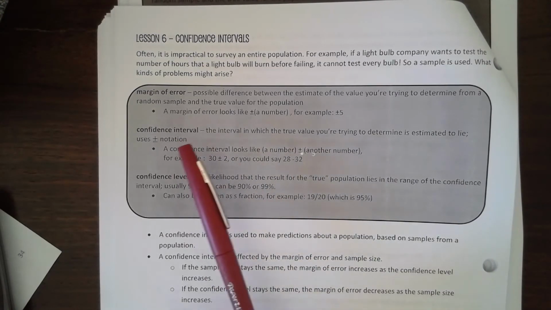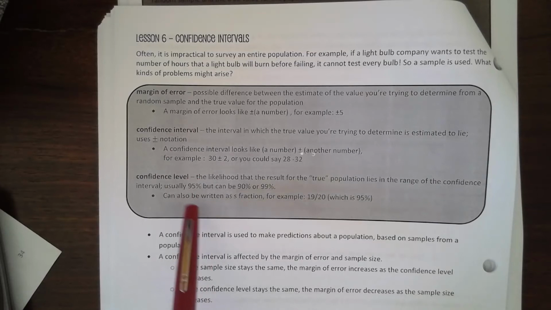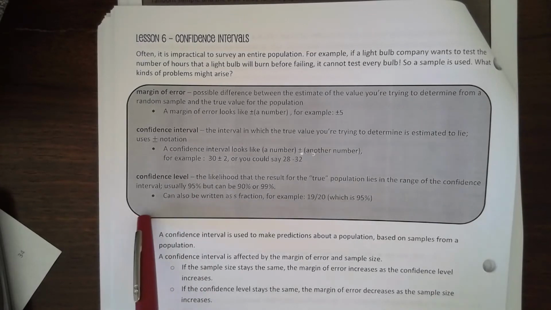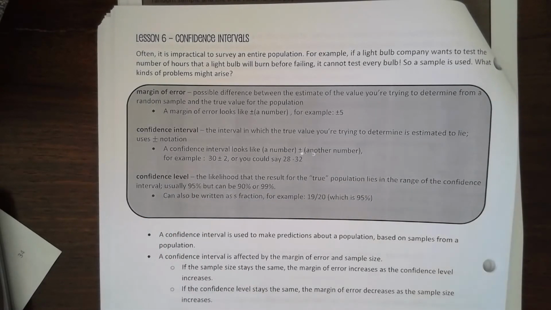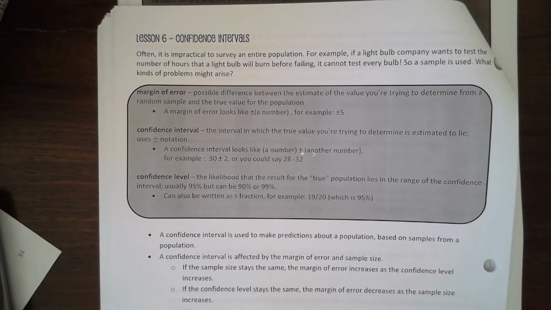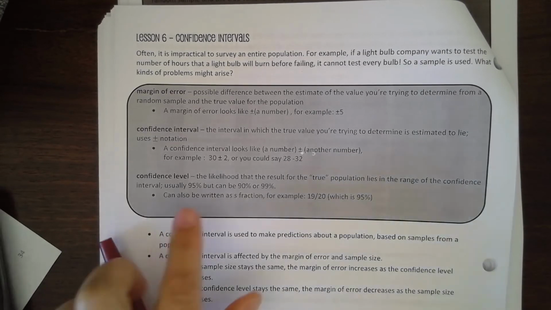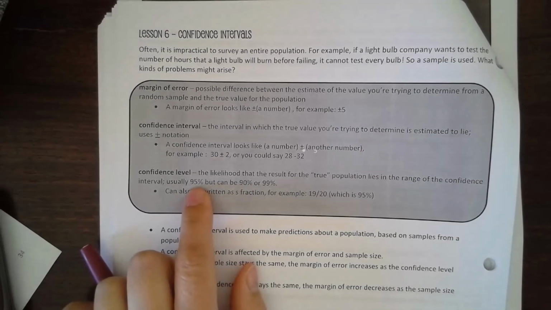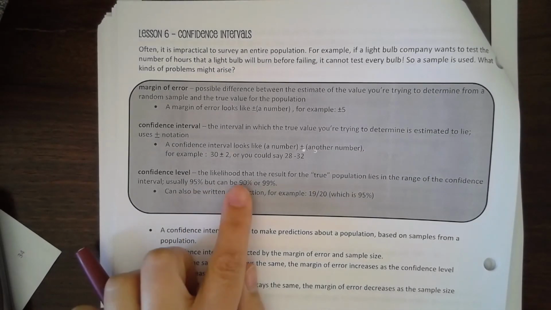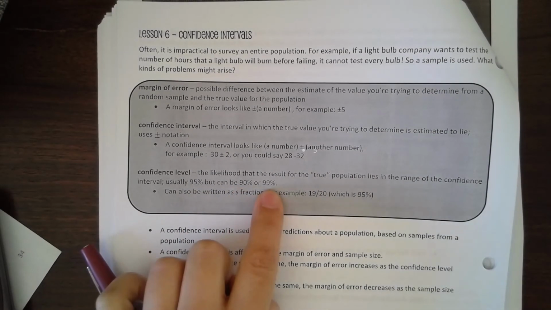The last thing we need to think about is our confidence level. This is how confident we are that this range represents the true number, what the whole population would actually say. Usually our confidence level is 95%. It can be 90%. 99% is amazing.